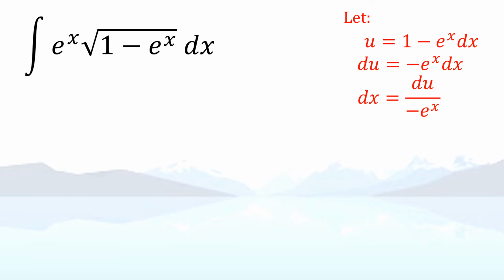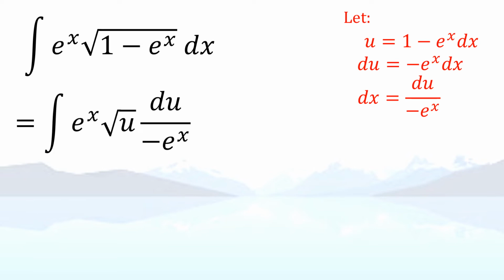Then we are going to substitute all the values. So the integral of e to the x, square root of u, du over negative e to the x. And then we can cancel e to the x and e to the x. So as you can see here, we have negative 1. So we have negative times the integral of square root of u du. And then we are going to rewrite square root of u, which is equal to u to the 1/2.